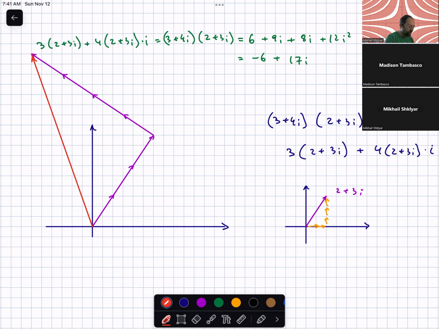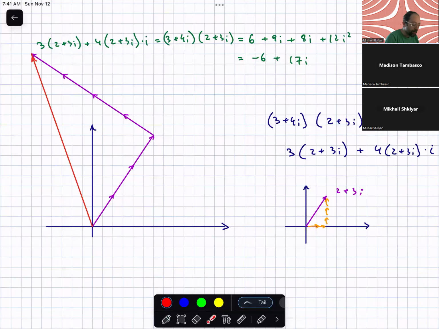So I start off with 2 plus 3i, which is this complex number, which is represented by a sum of 2 unit vectors to the right and 3 unit vectors up. Now let's look at this triangle and compare it to this large triangle.